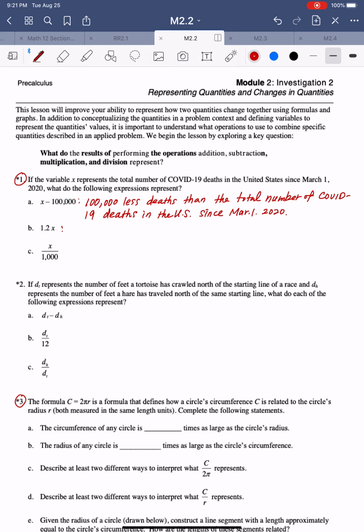All right, B is 1.2x, which means it's going to be 1.2 times as large as the total number of deaths in the United States.